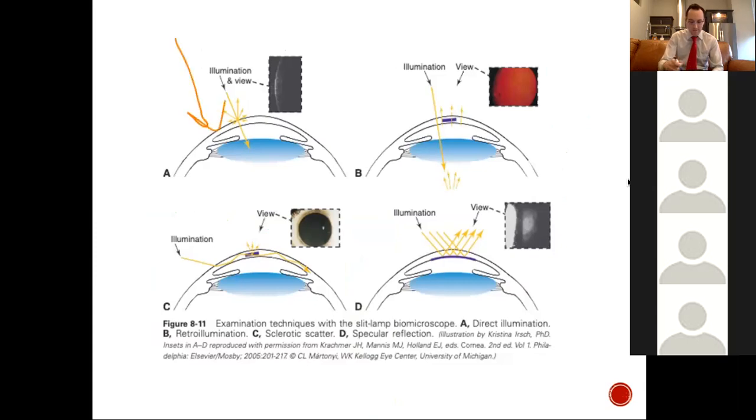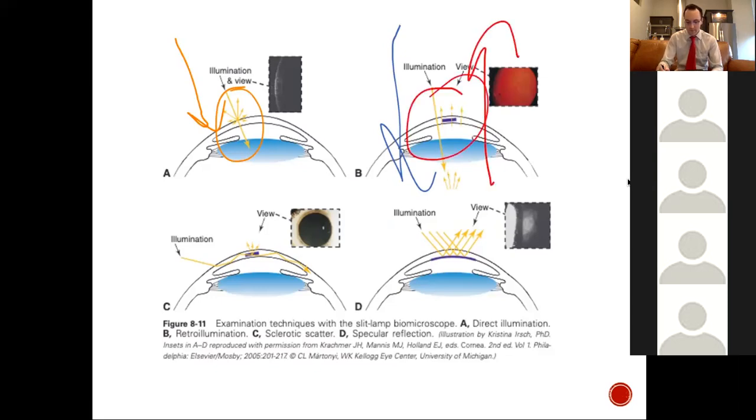And in this picture, again taken from the text, let's say it's a corneal foreign body in the epithelium we're just viewing right here with the light direct head on. We can appreciate this retroillumination where we have the light bouncing off the back of the eye, coming forward, and it looks like we're viewing something in the stroma of the cornea here.